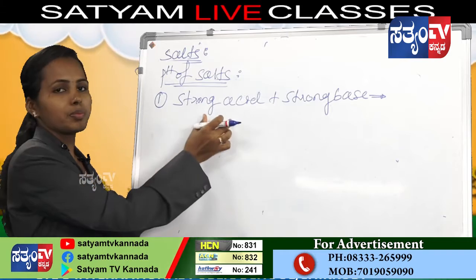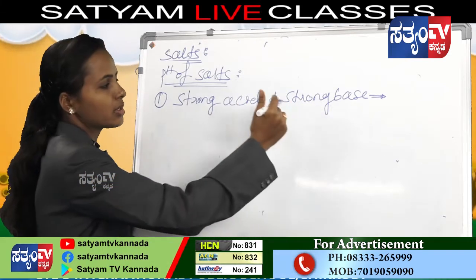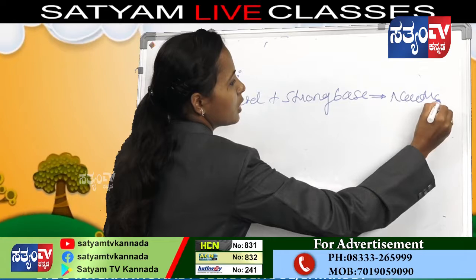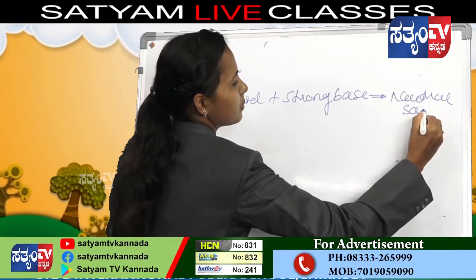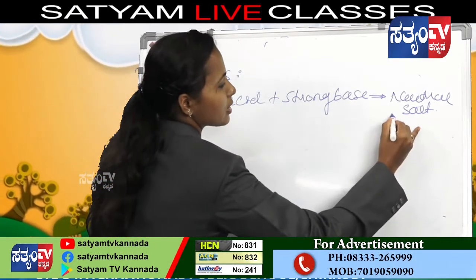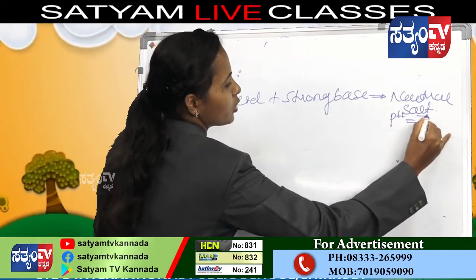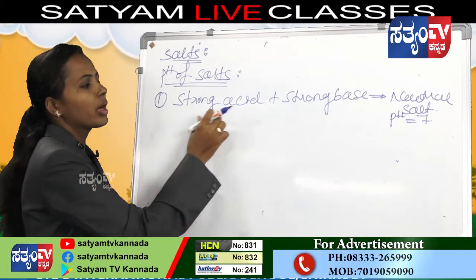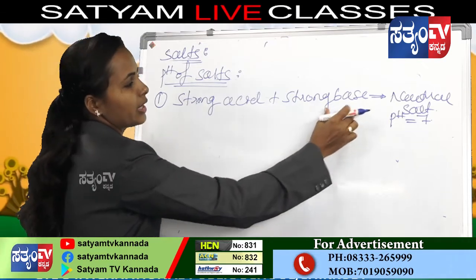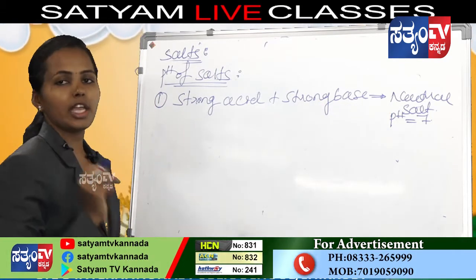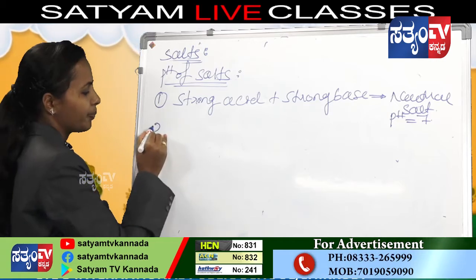The combination of strong acid and strong base gives a neutral salt, which means the pH is equal to 7.